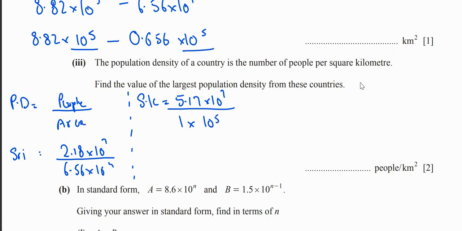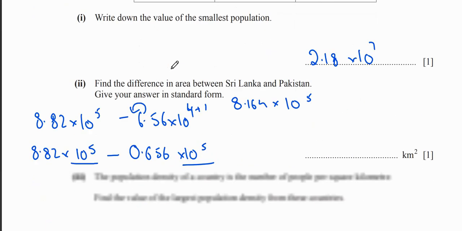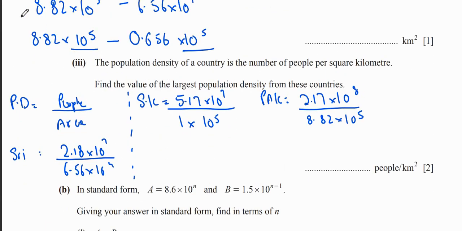Okay, now we got it for South Korea. Then we have for Pakistan, which is 2.17 multiplied by 10 raised to power 8 upon 8.82 multiplied by 10 raised to power 5. Okay, now which other country do we have? We have these three countries only. So now let's solve these questions.